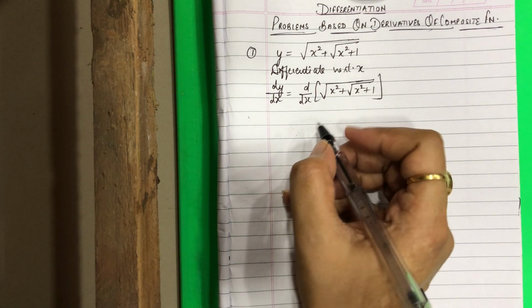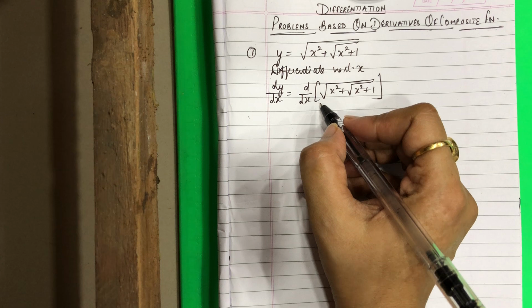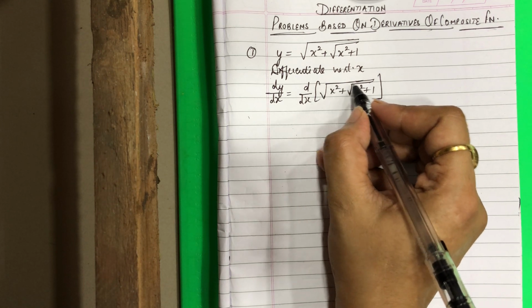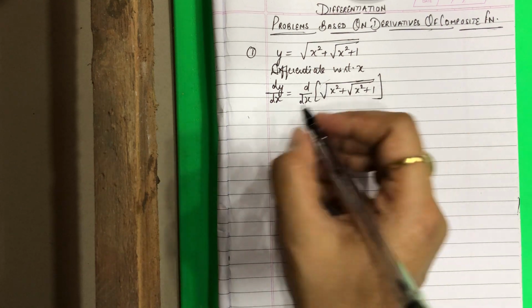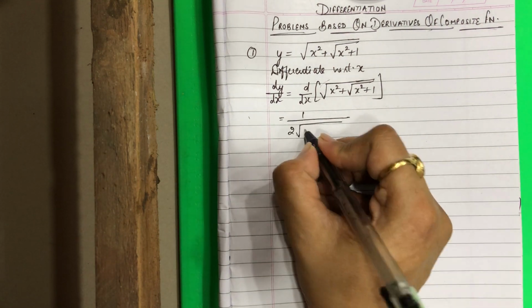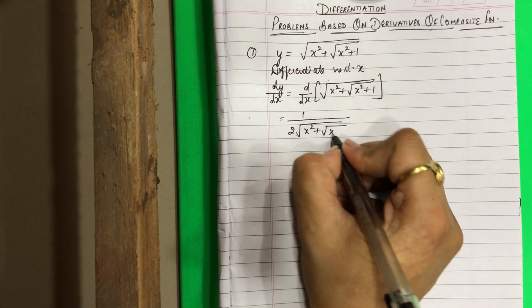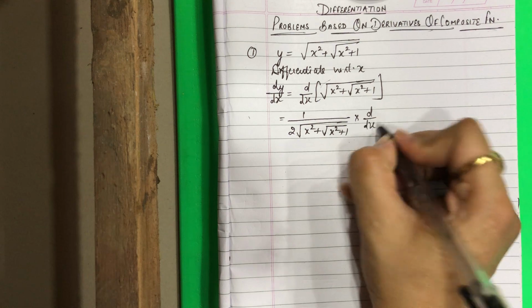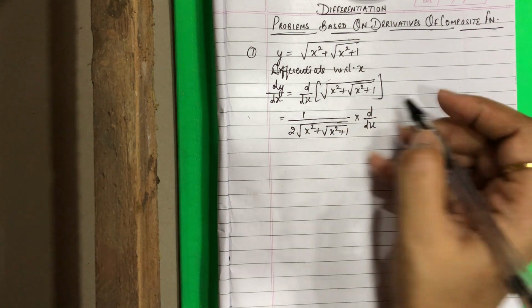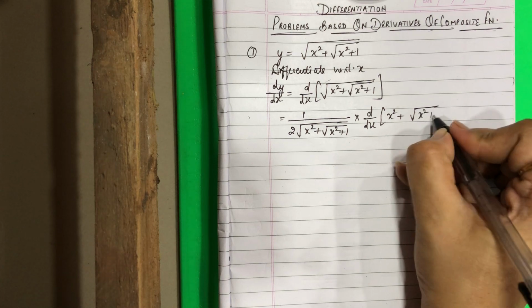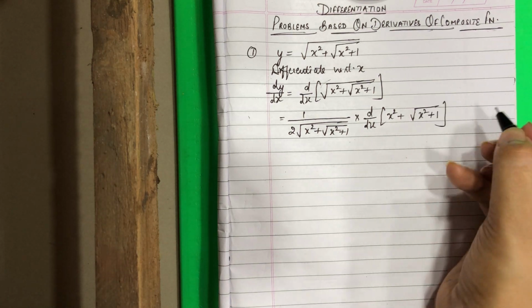Now we need to apply the chain rule here in order to differentiate this. First we differentiate this root. So this will give you 1 upon 2 root x square plus root x square plus 1 into d by dx of the function here, x square plus root of x square plus 1.